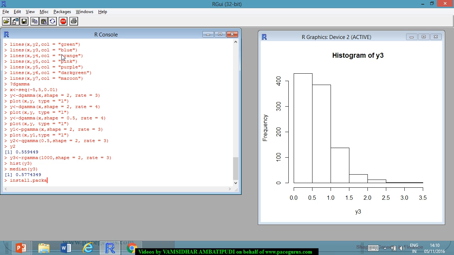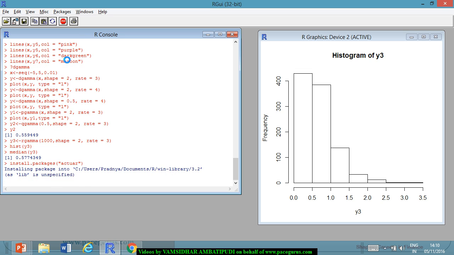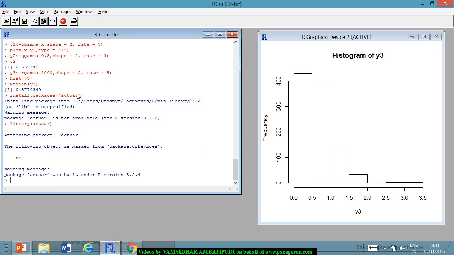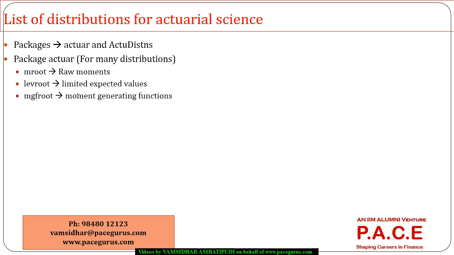So I'll say install.packages actuar. Okay, it's already there on my system. So I have the actuar package already loaded. So you can use even actdist, which is the actuarial distributions kind of a package as well.